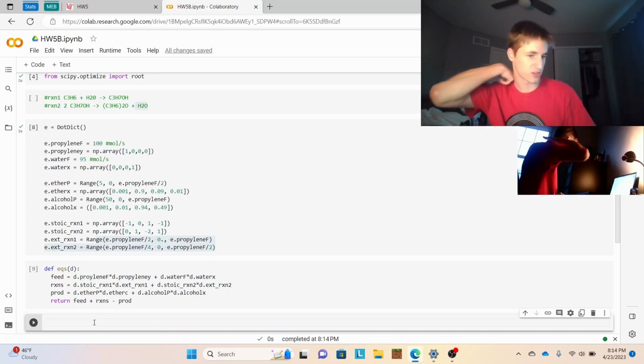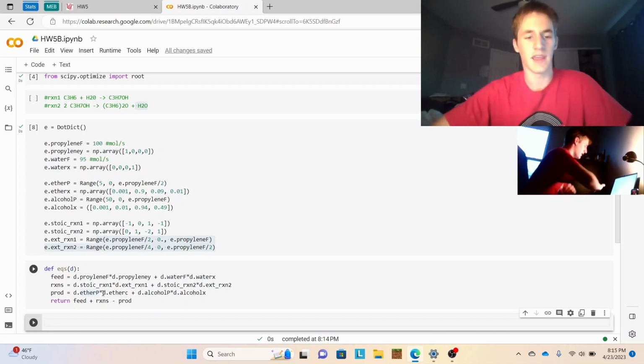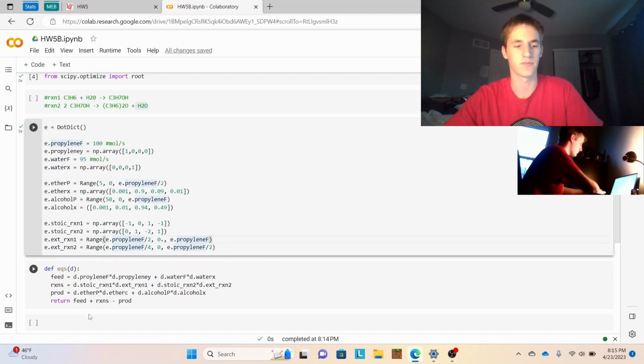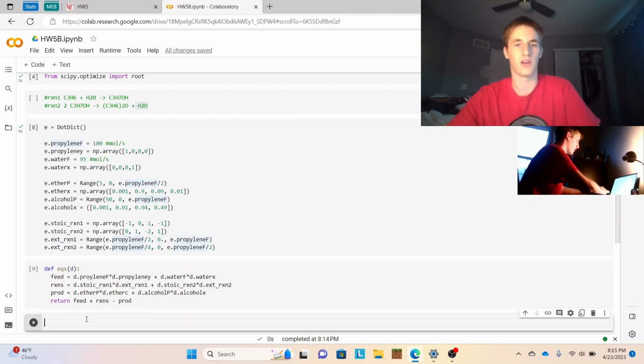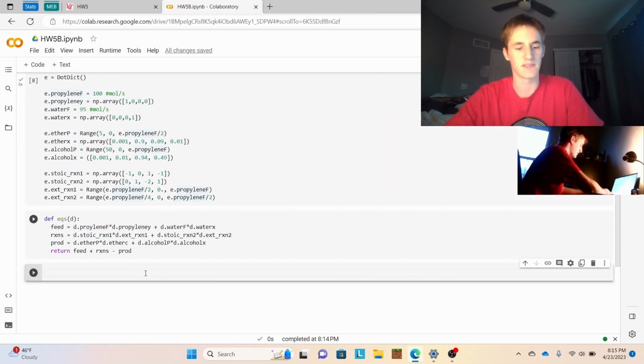Okay, so now if we want to use our root solver, right, it doesn't work on this function here because of the dictionary. It will sort through all possible values and not just within our range. So what we need to do is first use this d2nt function, right? So that's a dictionary to named tuple for our E dictionary, and we want to unpack that.